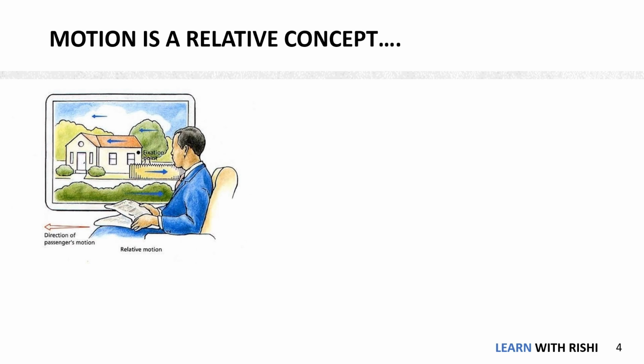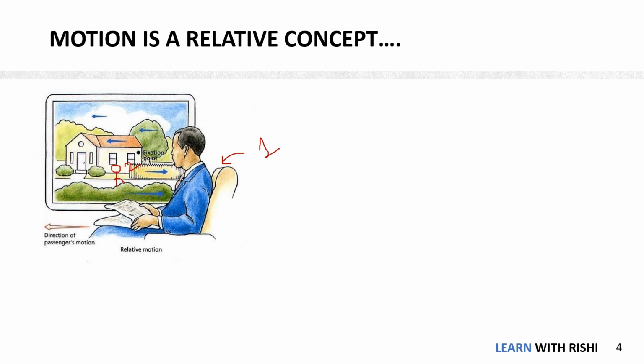Let us consider this passenger as observer 1 and let us imagine one observer who is standing outside on the road. We'll name it observer 2. So for observer 1, the trees and the houses are in motion and the train is stationary since he is sitting inside the train.